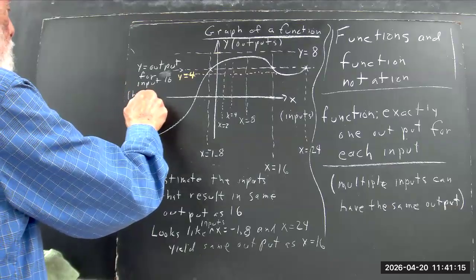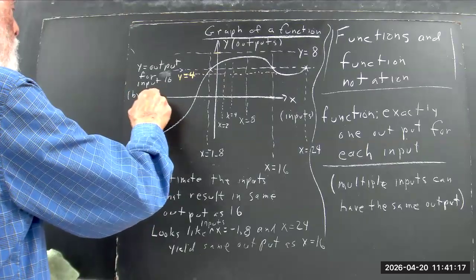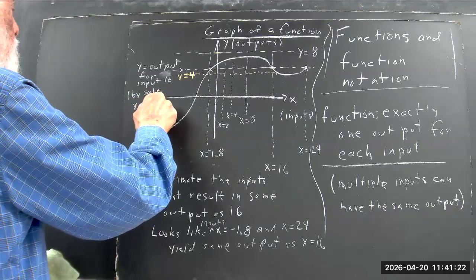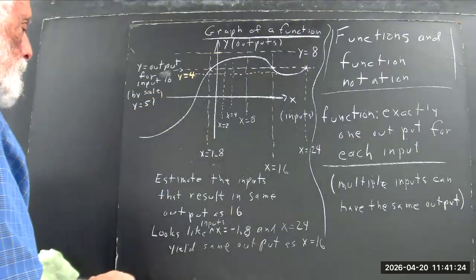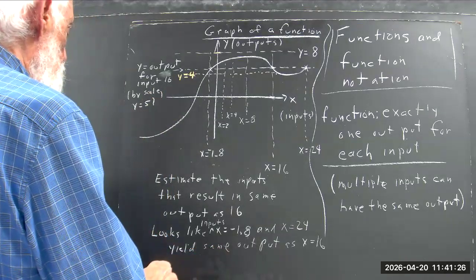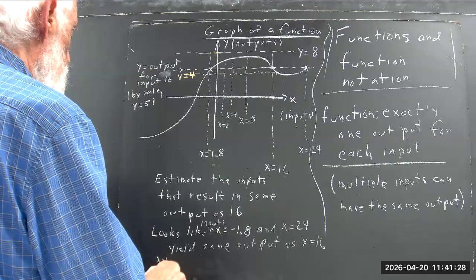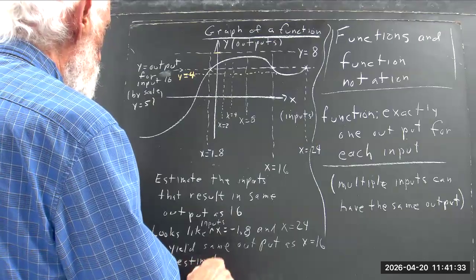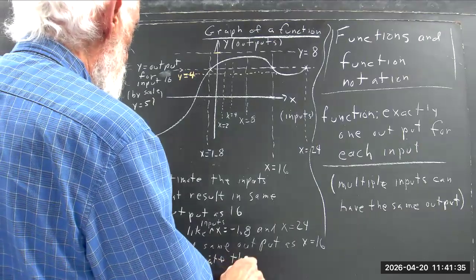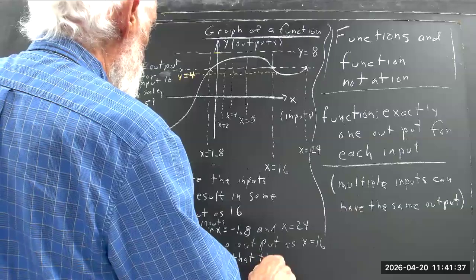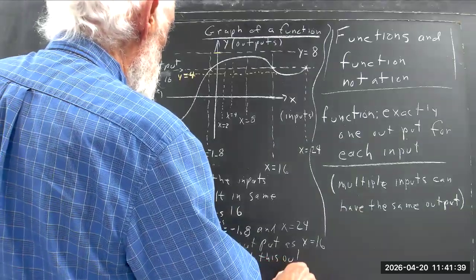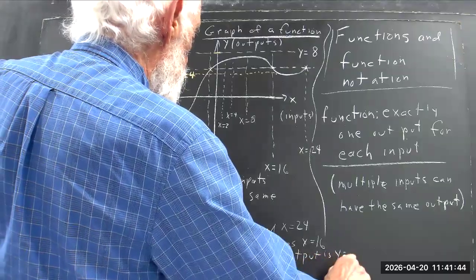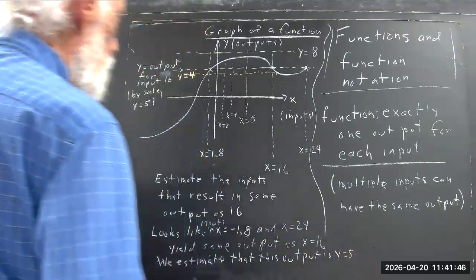I'll say by the scale, y equals 5. I can say now, we estimate that this output is y equals 5.